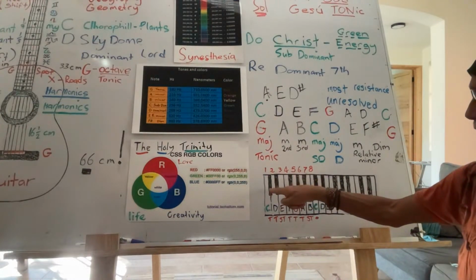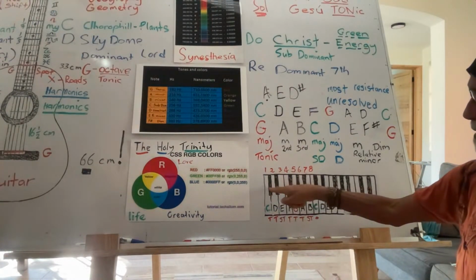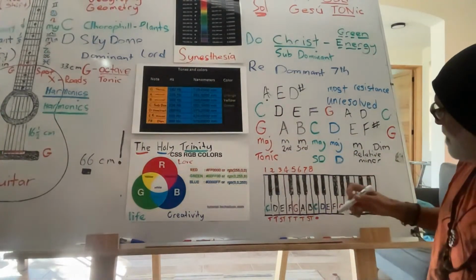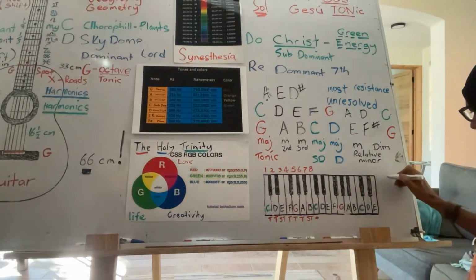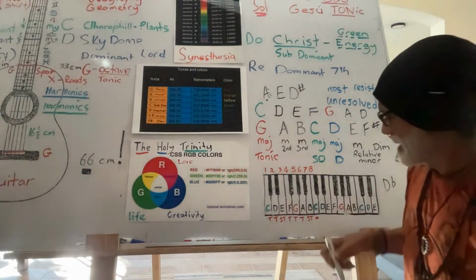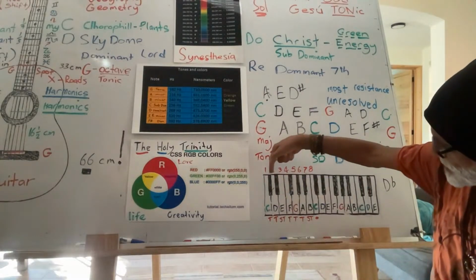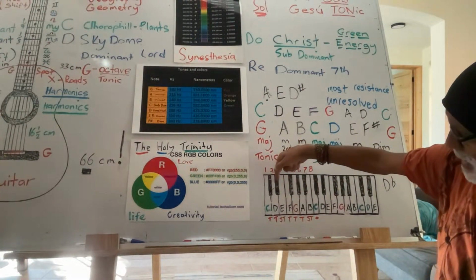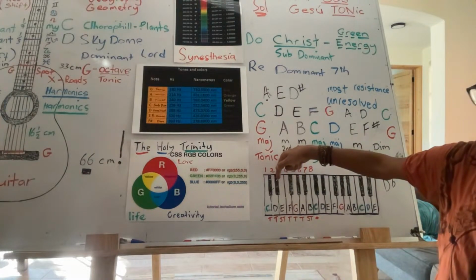What about this note in the middle, the C sharp? This is a C sharp or a D flat, which is written with a flat. This is D sharp or E flat.